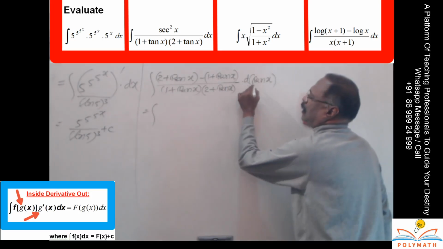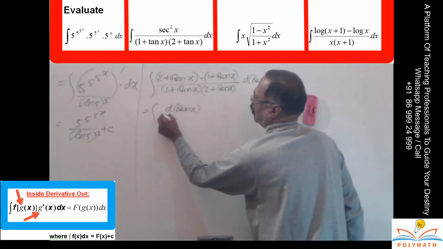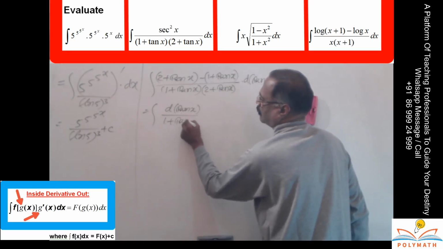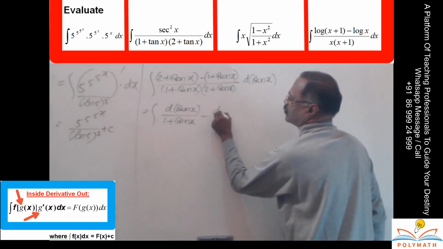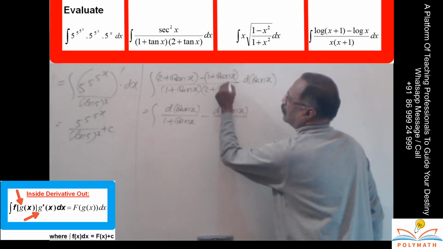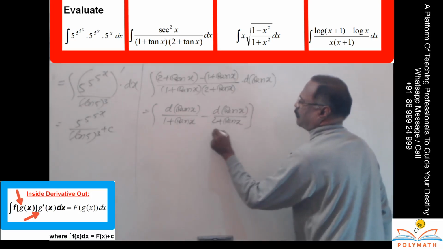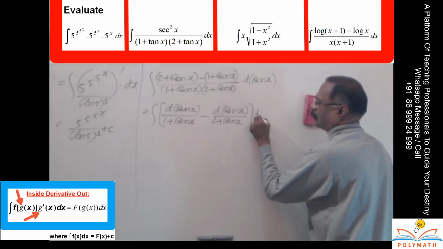Integral of derivative of tan x upon 1 plus tan x minus derivative of tan x upon 2 plus tan x. Just to see the beauty of this problem here.